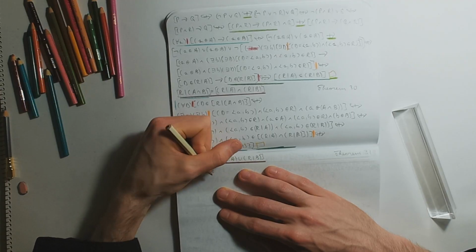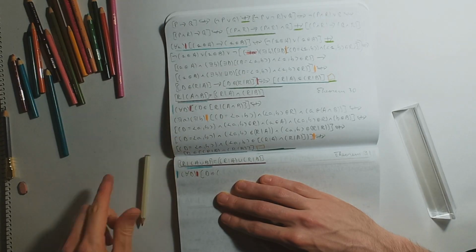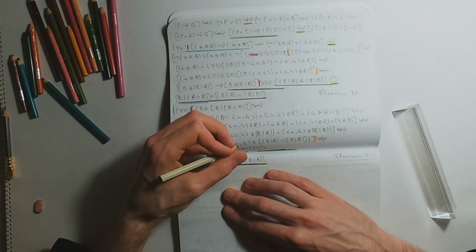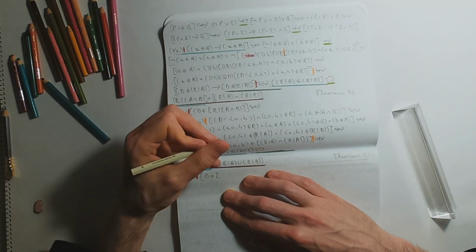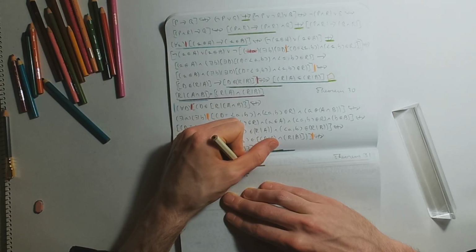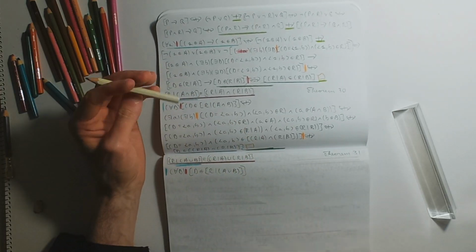D is an element of R pipe A union B. Okay.